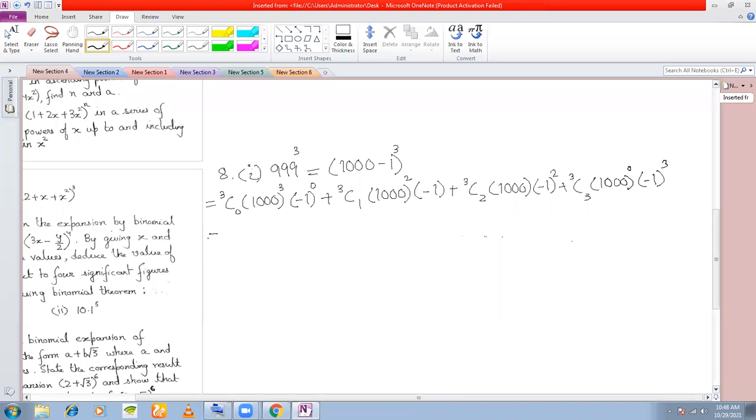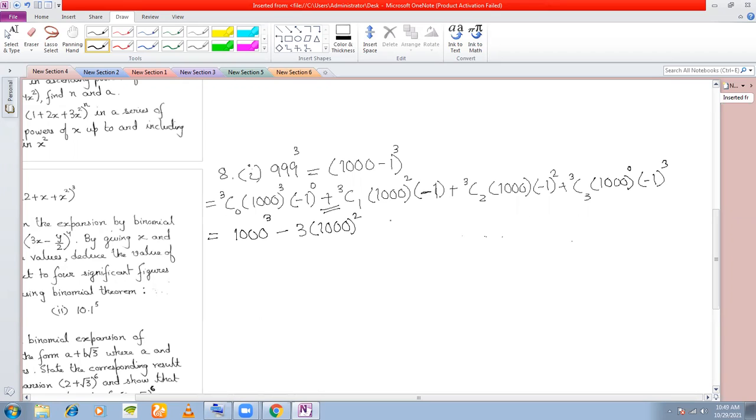Which is equal to, now 3C0 is 1. This is simply 1000 cube minus 3C1, which is 1, and this is 1000 square. Because of this minus 1 the sign has changed.